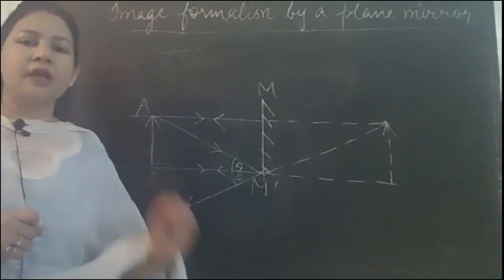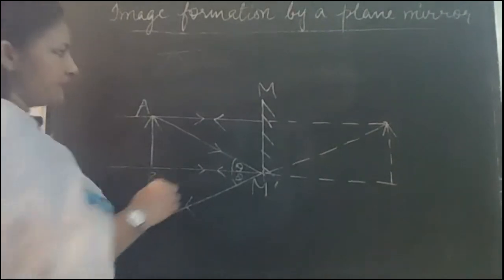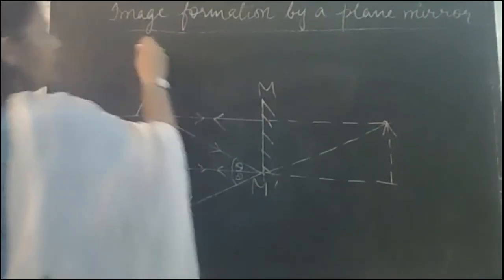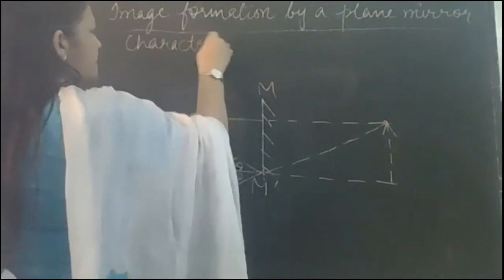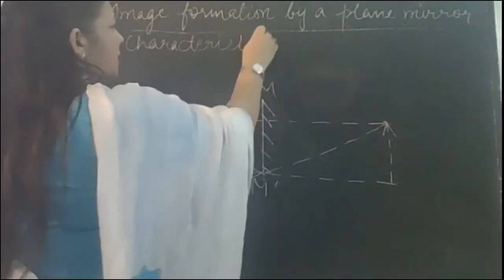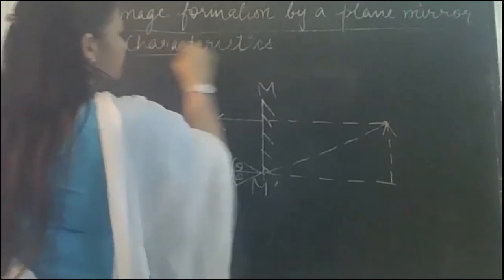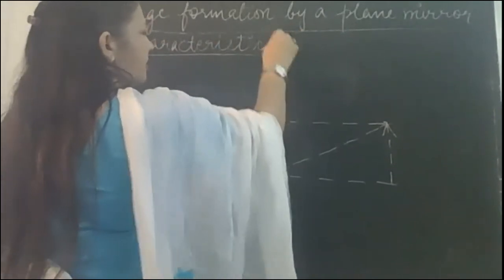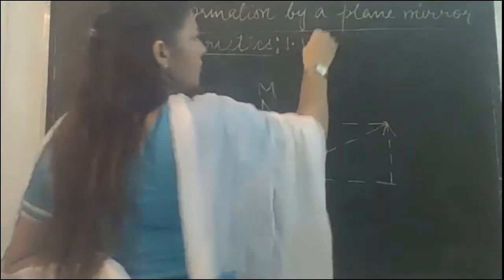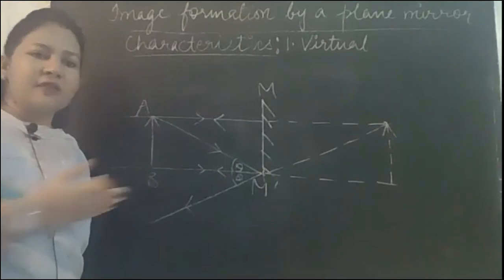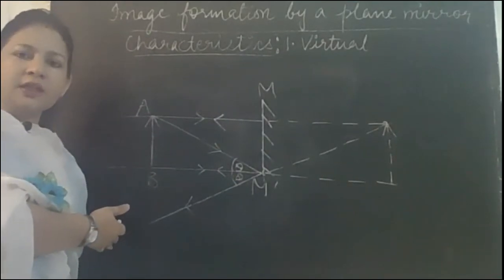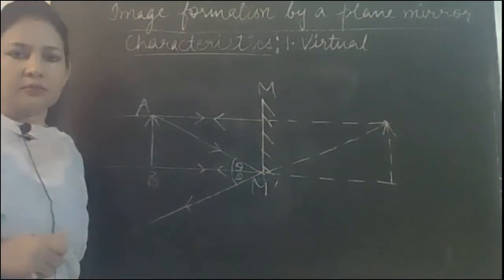Now let's write the characteristics of the image formed. First characteristic: the image is virtual. We have proved that the image formed is virtual, because the rays were not actually meeting, they appear to meet at a certain point.